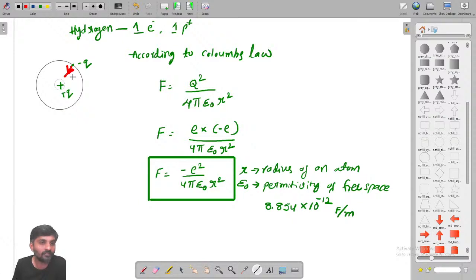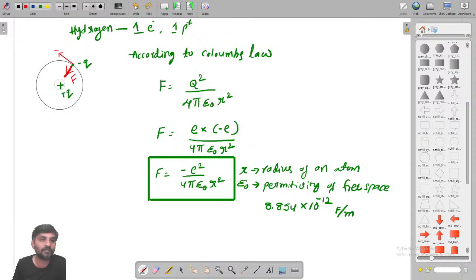Here you will have a force of attraction, F, and the electron is moving with some velocity v.